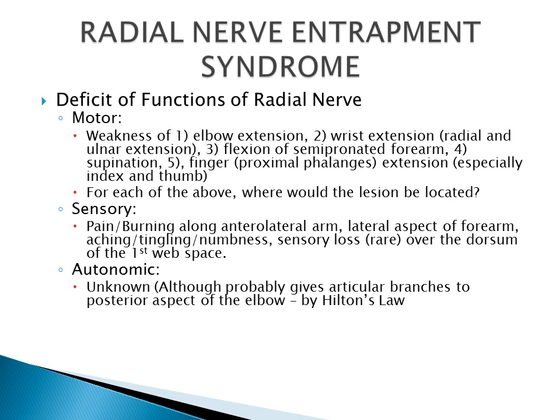But also deficit of motor function of the radial nerve would involve losses or weakness of wrist extension, and that's both radial and ulnar wrist extension due to involvement of the extensor carpi ulnaris and also the extensor carpi radialis longus and brevis.